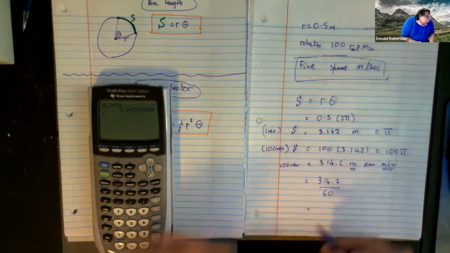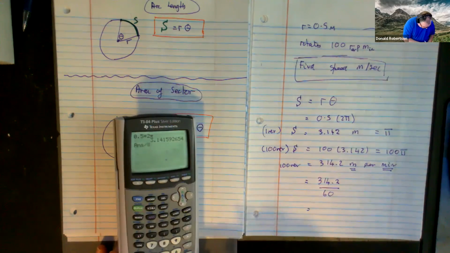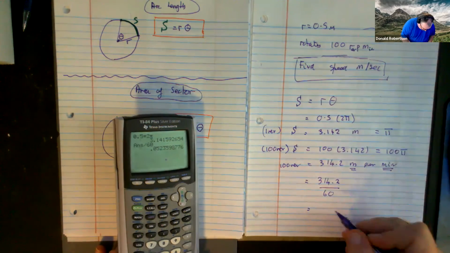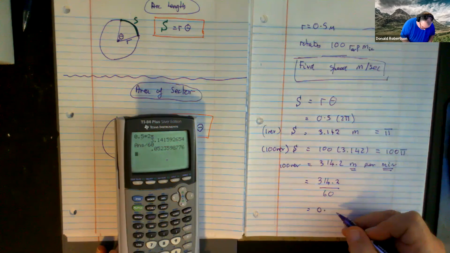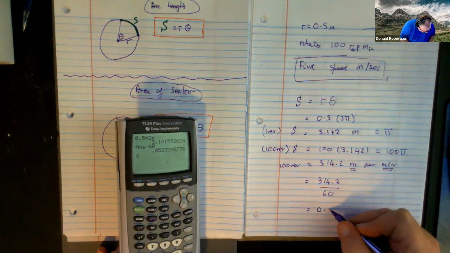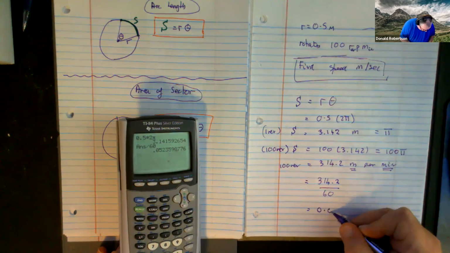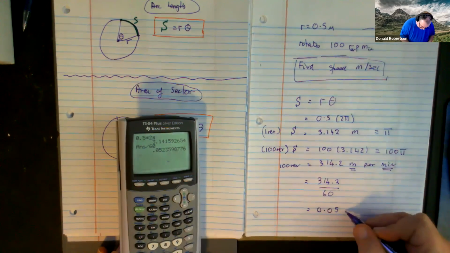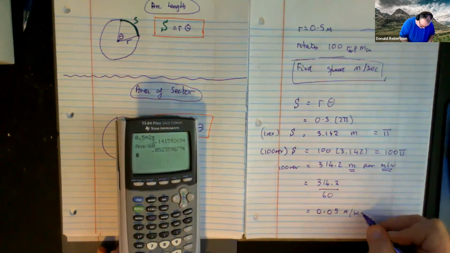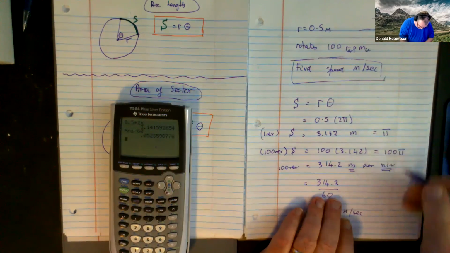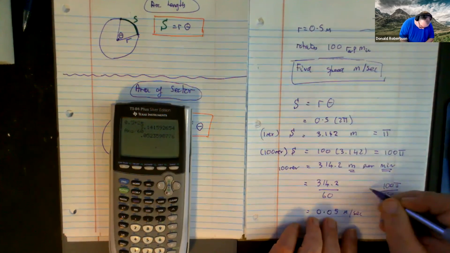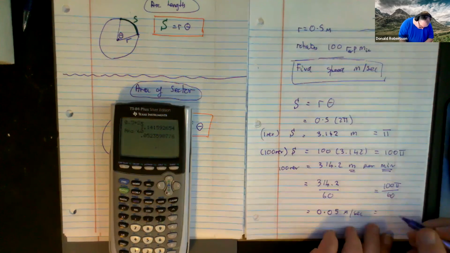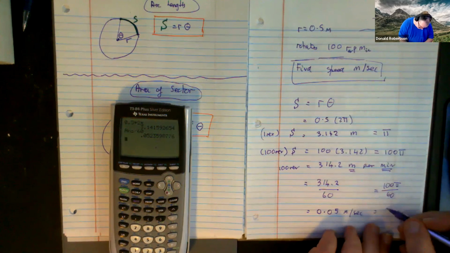And if I take that horrible decimal and I divide it by 60, I will get 0.05 roughly meters per second. If I left it as 100 pi, wouldn't it be 100 pi divided by 60, in which case that would become 5/3 pi?